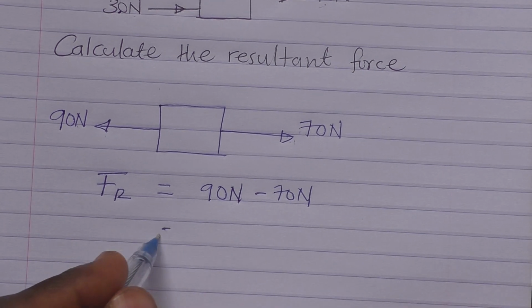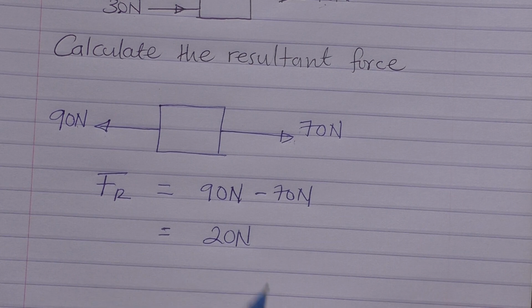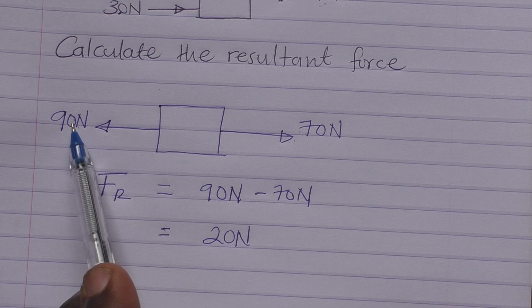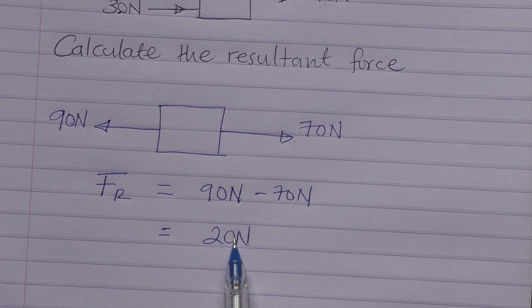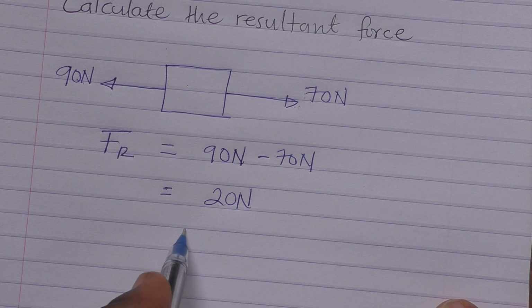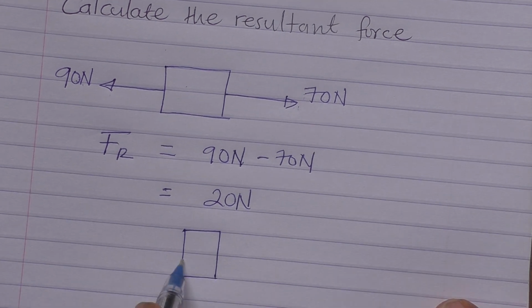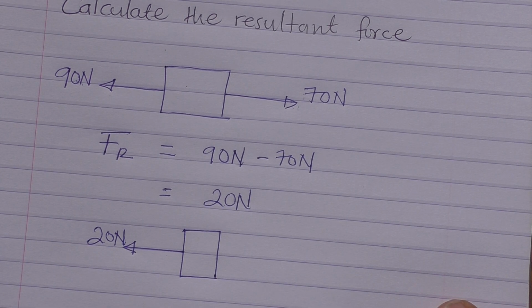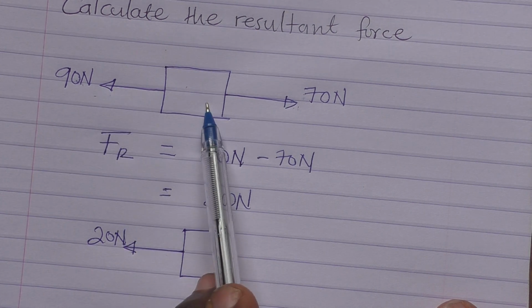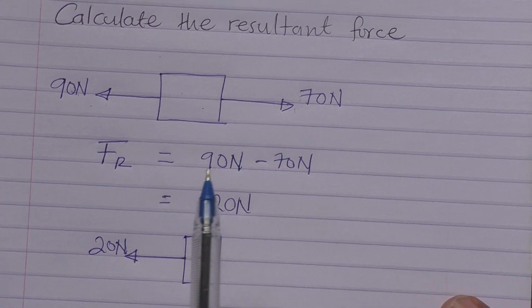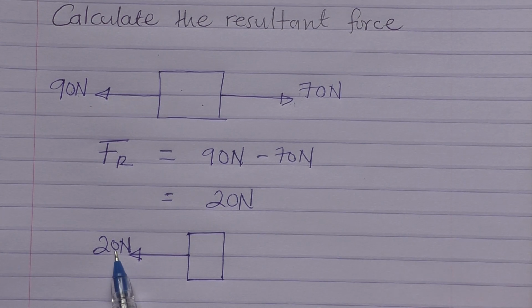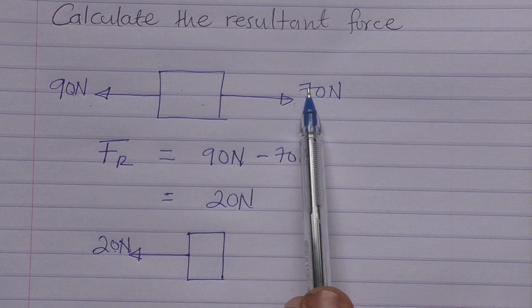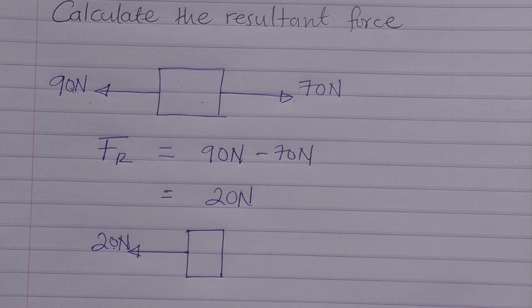And that gives us the final answer as 20 newtons. But in which direction? Remember, 90 is taking the body by 20. And therefore, if we are to illustrate that, we shall illustrate it that way, whereby 90 takes this body by 20, meaning that the impact of 20 is the same impact as 90 and 70 on this body. So that is our second example.